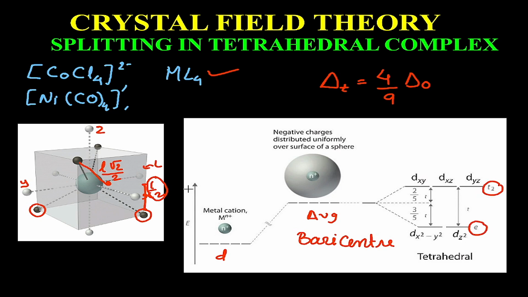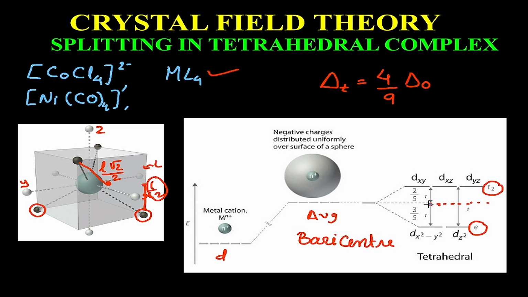The tetrahedral complex does not have a center of inversion, and as a result we are not talking about whether it is gerade or ungerade. This is the center, the barycenter.